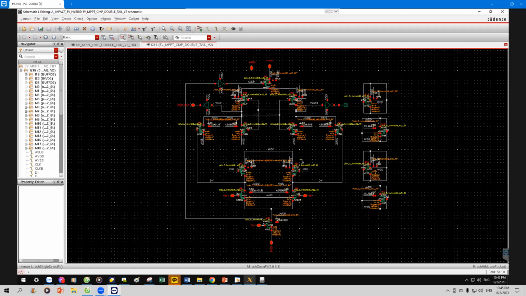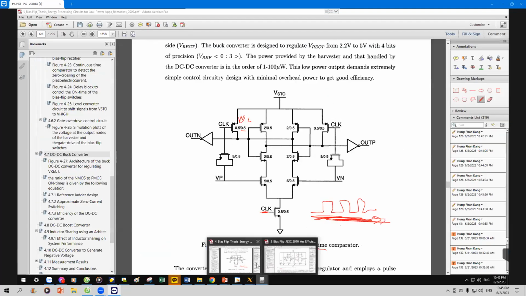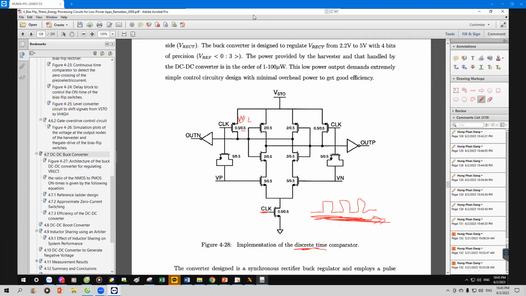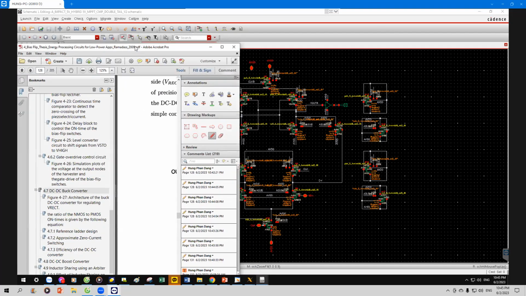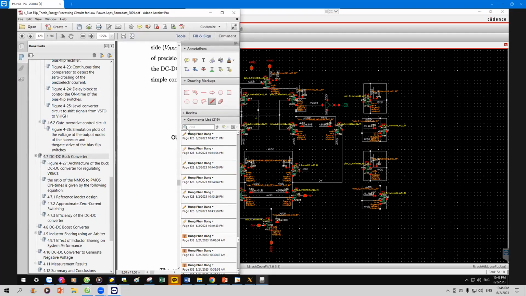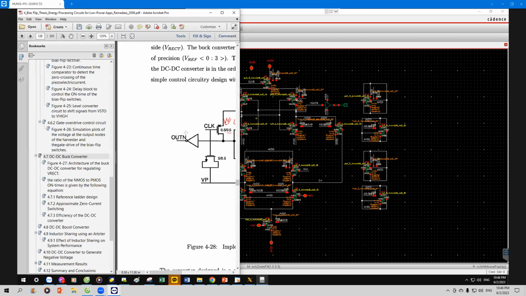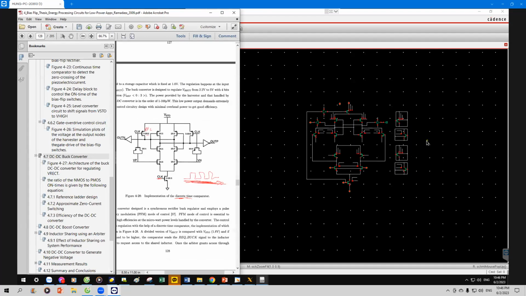But what you do is draw the schematics like this paper, right? Now you don't need to understand how it works. Just draw a schematic like this.